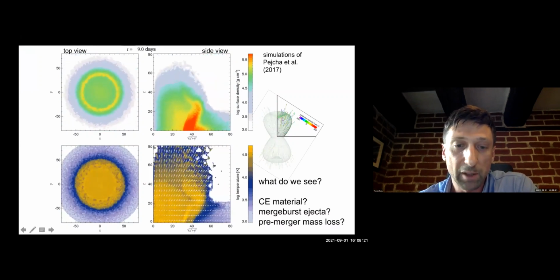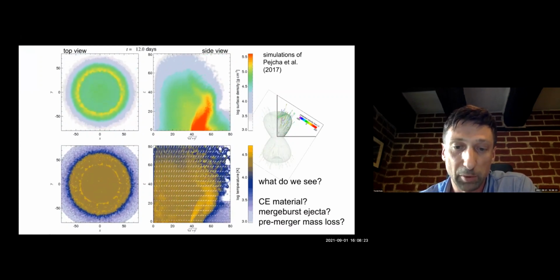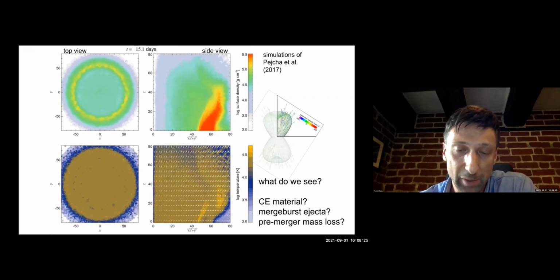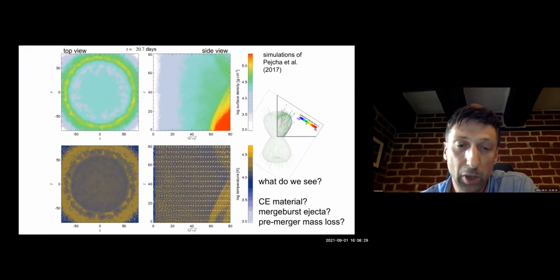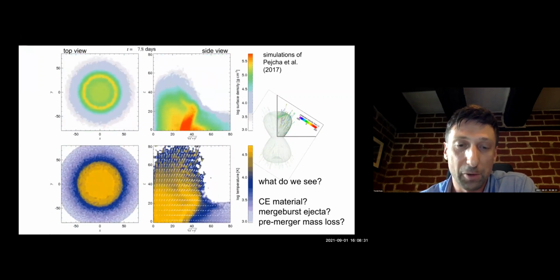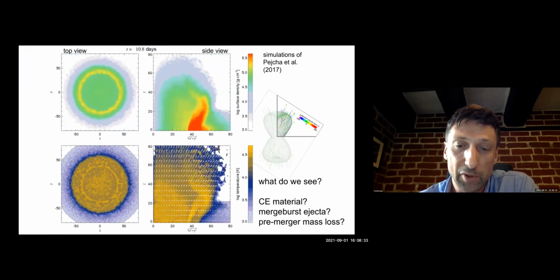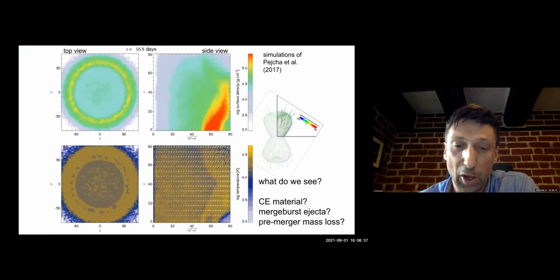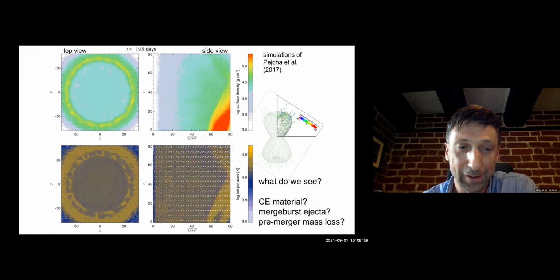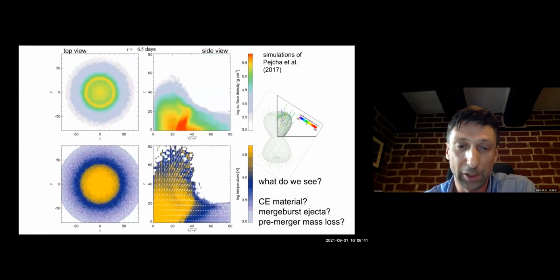But having multiple elements, multiple components in those remnants, it's very difficult to figure out what was the physics. When we look at the object, we don't know really which part of it comes from the merger ejecta, from pre-outburst mass loss, or some other related phenomena going on in between.